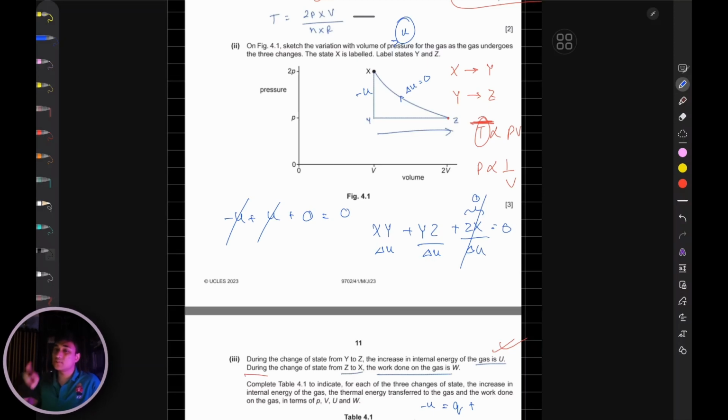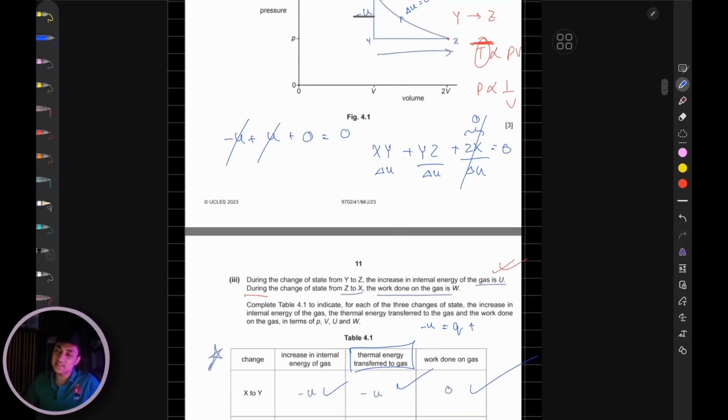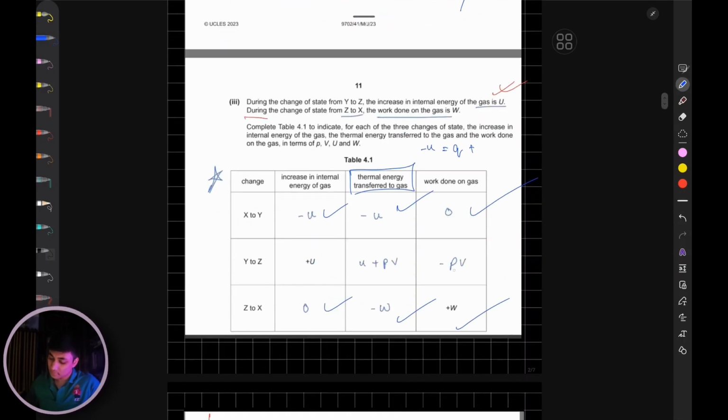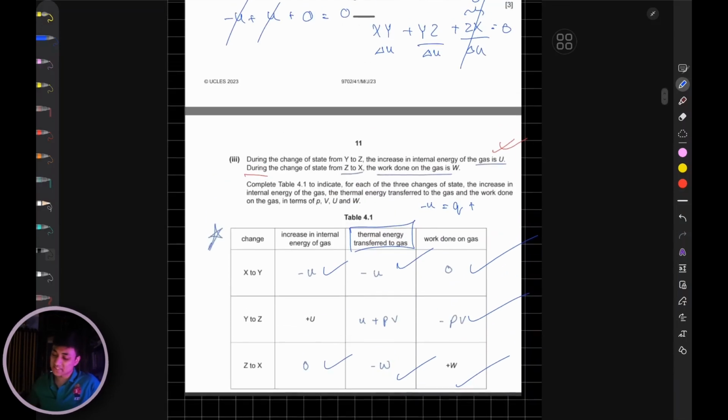And this is going to be negative. Why, you ask? Because volume is increasing. Work is done by the system, not on the system. Since volume is increasing, negative PV. Great. So I know the work done on the system. Now again, use the same formula. Del U is equal to Q plus work done. What do I know about the work done?